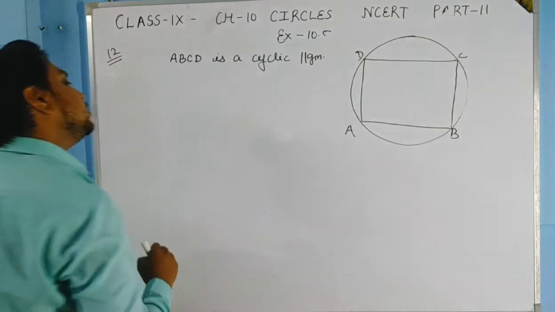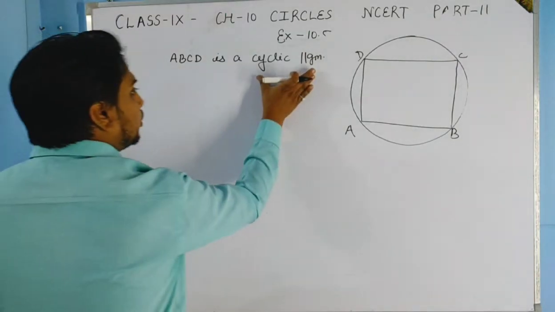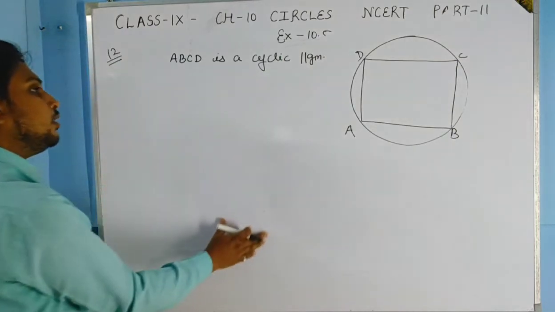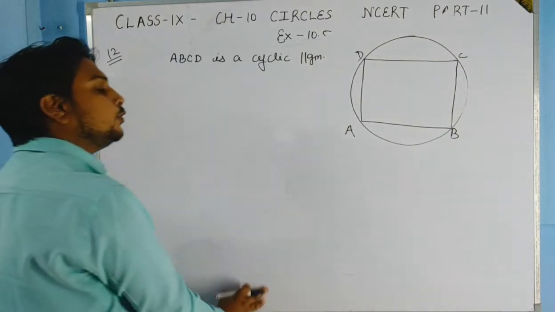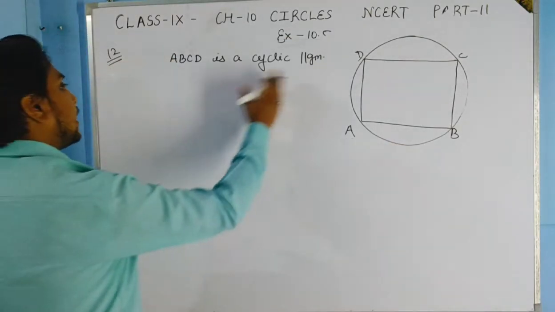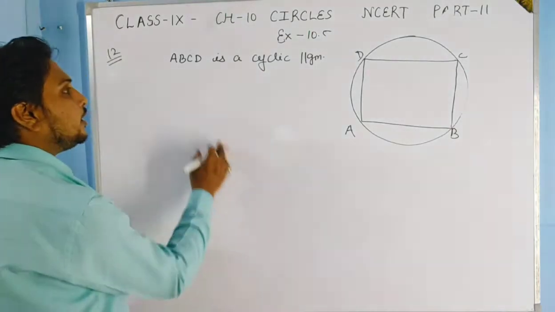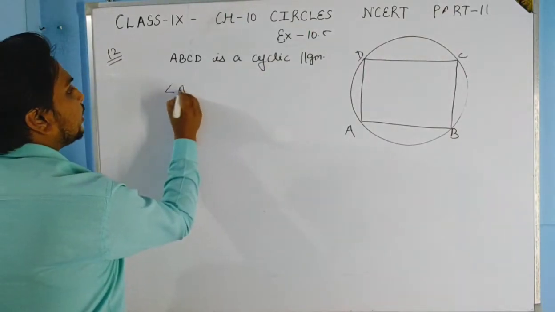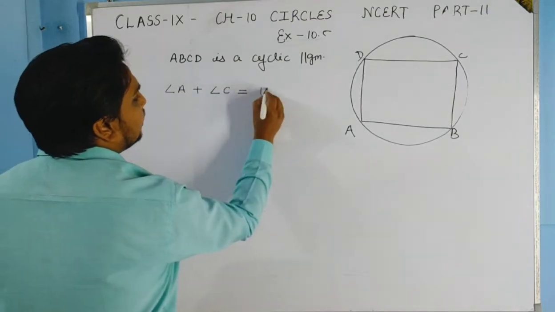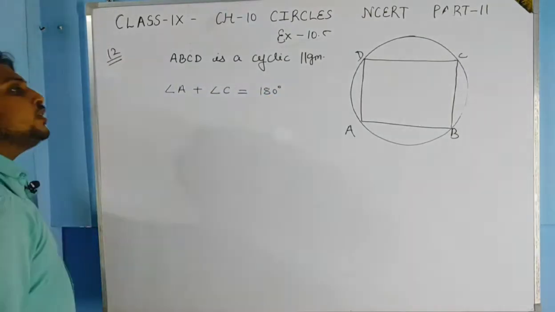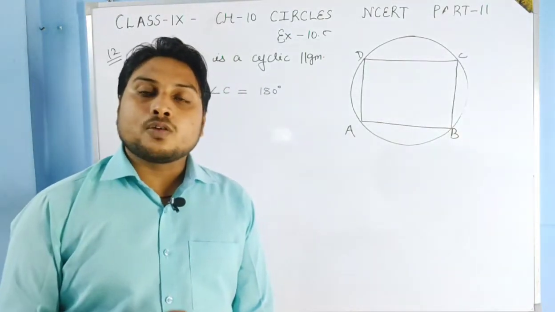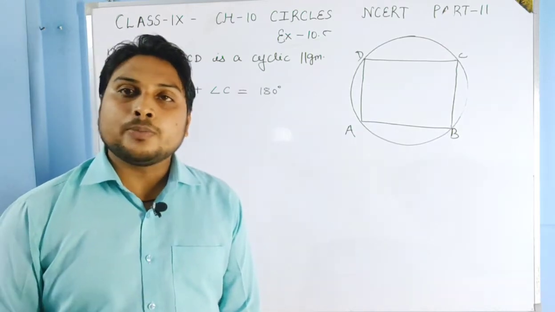Now students, in these two words you can find two conditions, which will help us to prove that this shape is a rectangle. Cyclic means, here you can easily say that angle A plus angle C is 180 degrees, because we know that the opposite angles of a cyclic quadrilateral are supplementary.